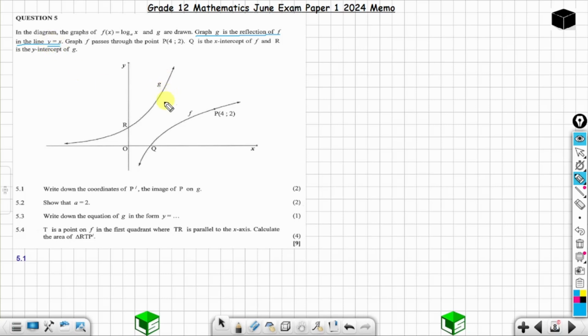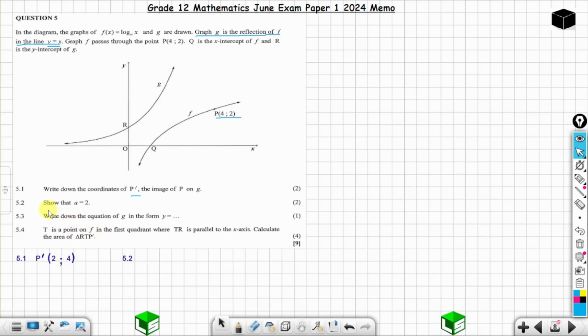This tells me the two graphs are inverses of each other because the reflection is happening in the line y is equal to x. So, P dash is on the graph of G. To find the inverse of a point, you are going to swap your x and y coordinates. So, P dash, you are going to have 2 and 4. So your x coordinate is 2, your y coordinate is 4.